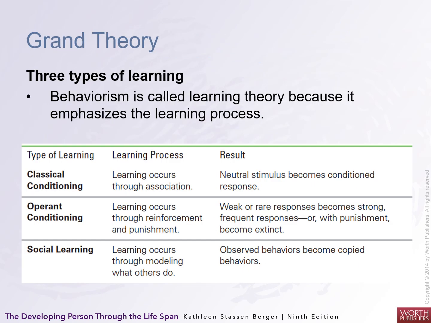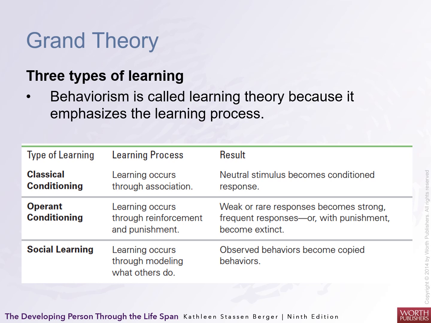Now, learning theory is another grand theory, but from my experience over the last 40 years, it's really not much of a theory of development. It's based mostly on the consequence of behavior, and there's basically three types. Classical conditioning, where learning occurs through association.